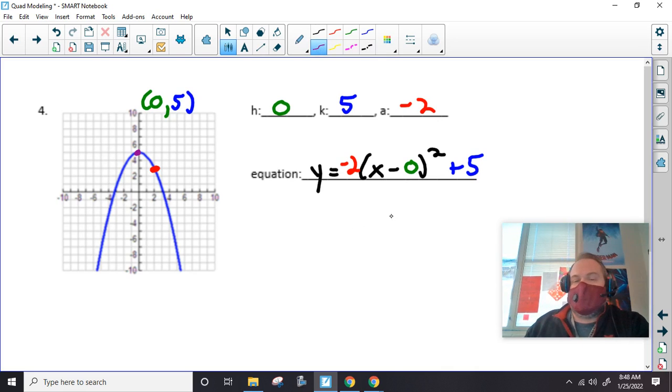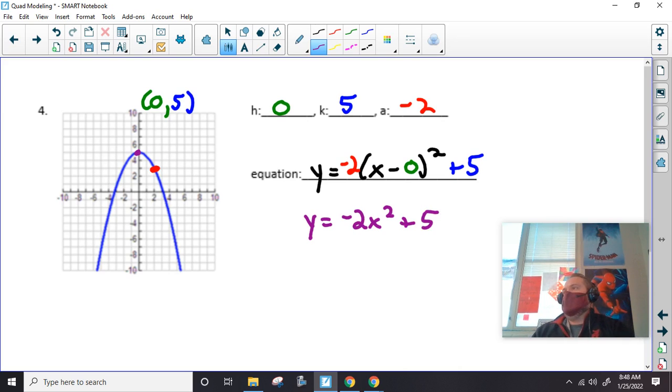I will have some people that will simplify this like that. Either one, because it's x minus 0 squared. Some people will be like, well, that's confusing. Well, guess what? If the purple's confusing, don't do it. Stick with what you're successful with.